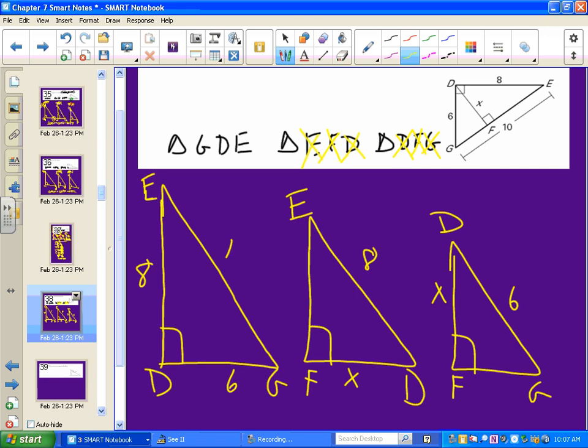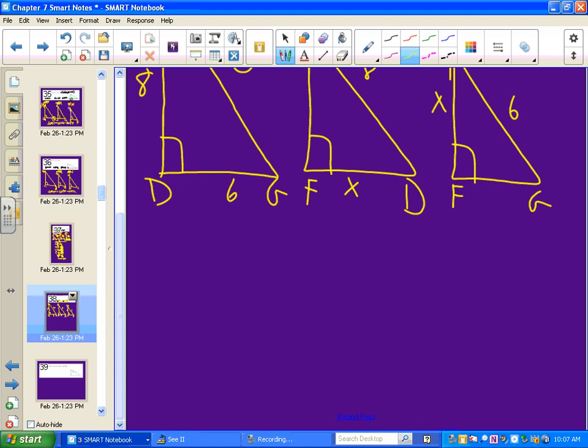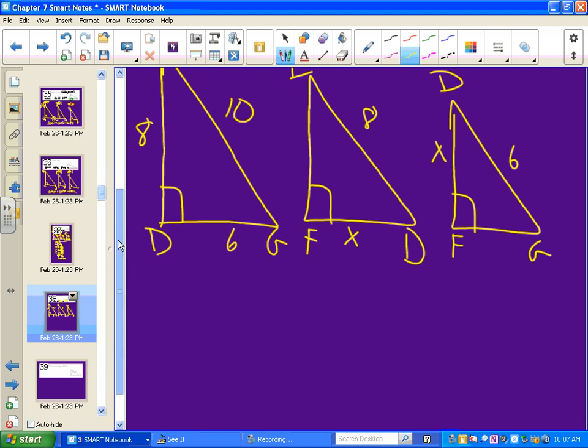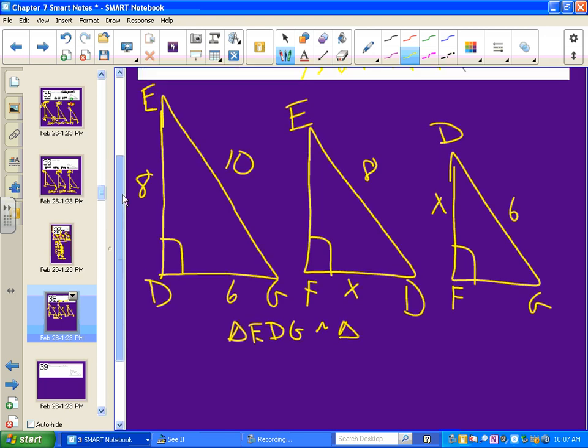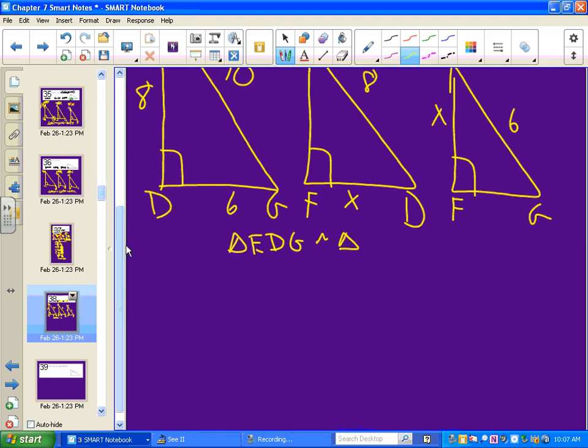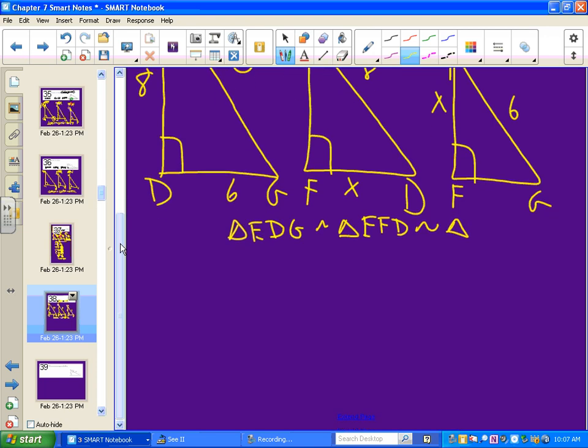And GE is 10. Writing a similarity statement and asking to identify the similar triangles, so that's triangle EDG is similar to triangle EFD, which is similar to triangle DFG.